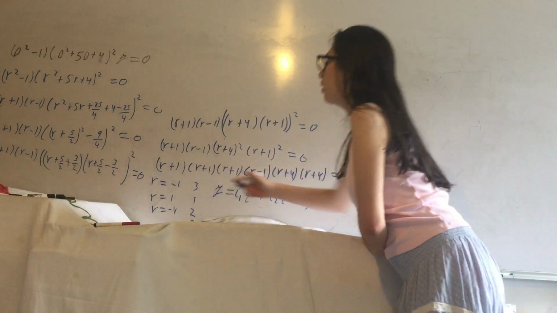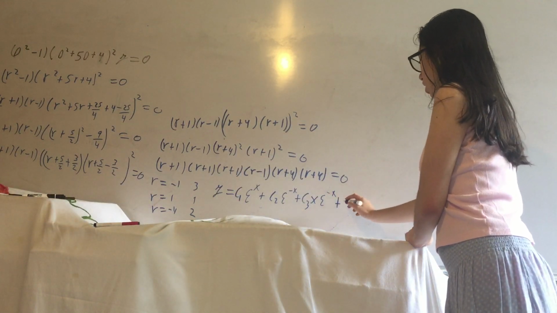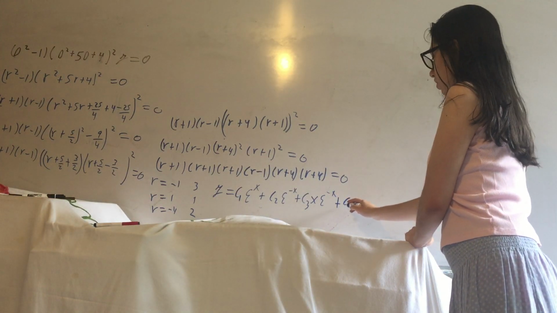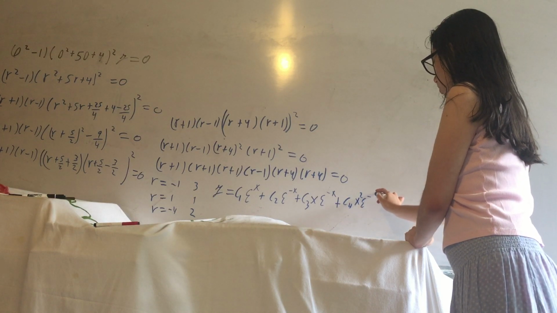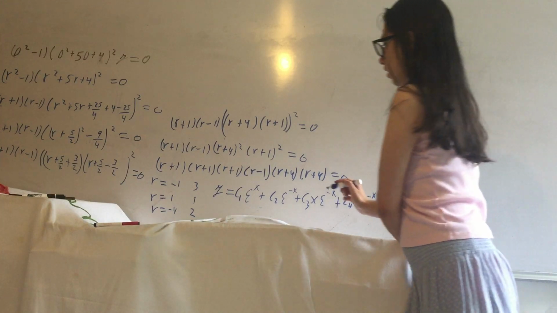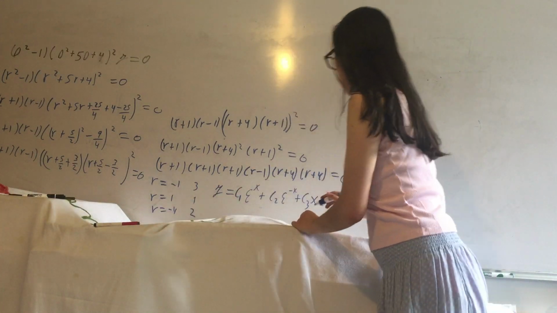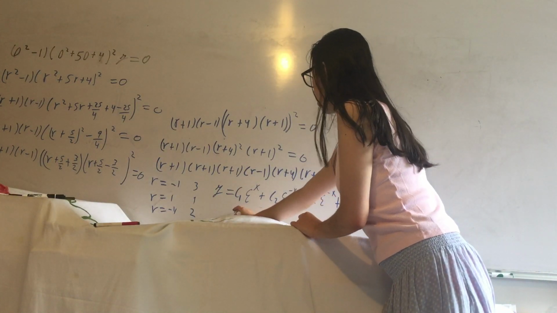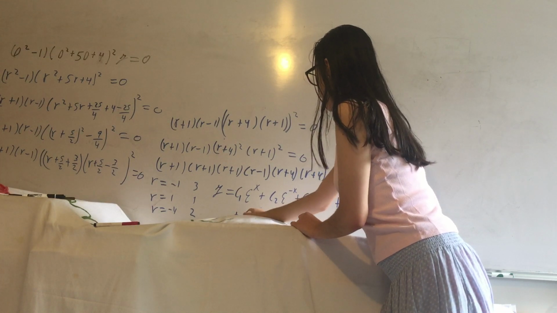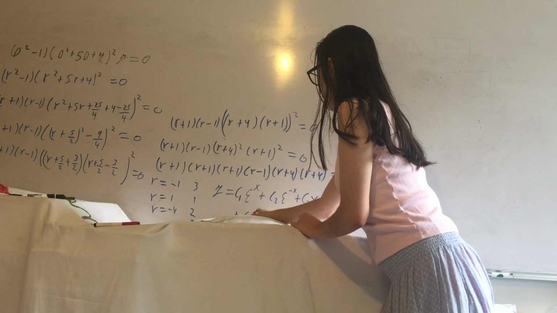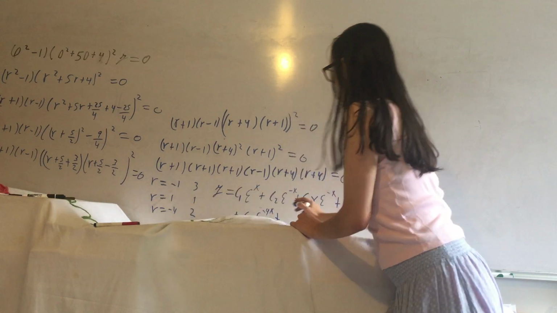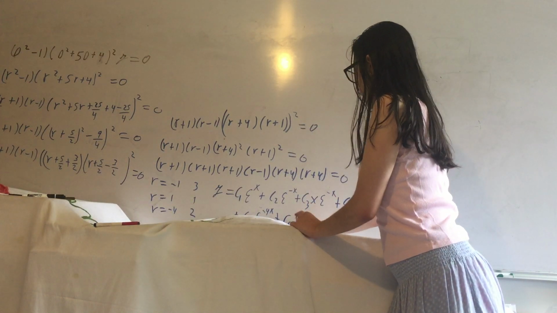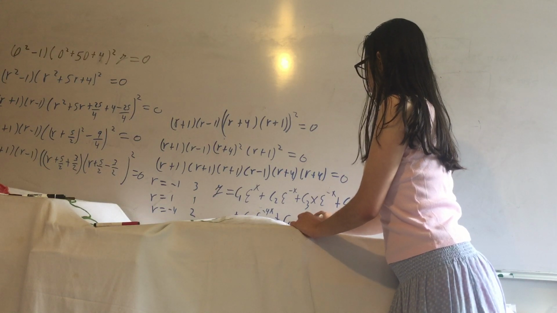I have another one, so it would be plus c4 x squared e to the minus x, and now just two of these, I will continue here, plus c5 e to the minus 4x plus another of this is c6 x e to the minus 4x.